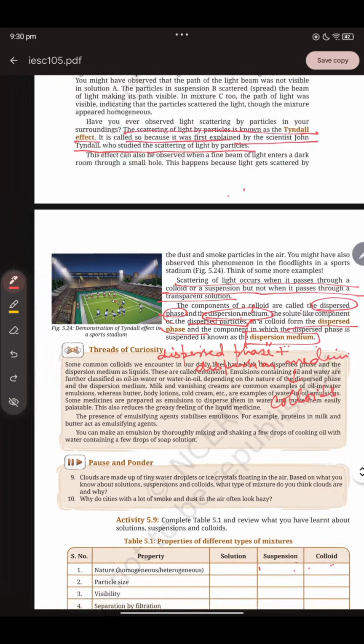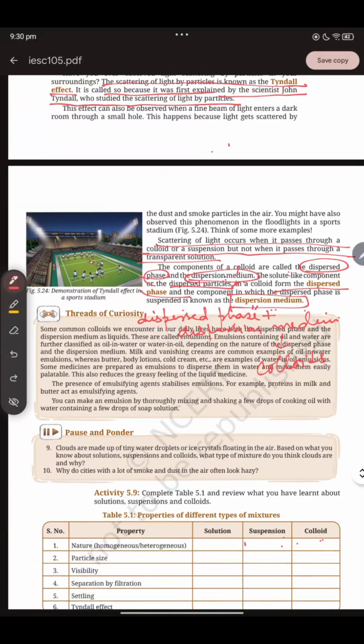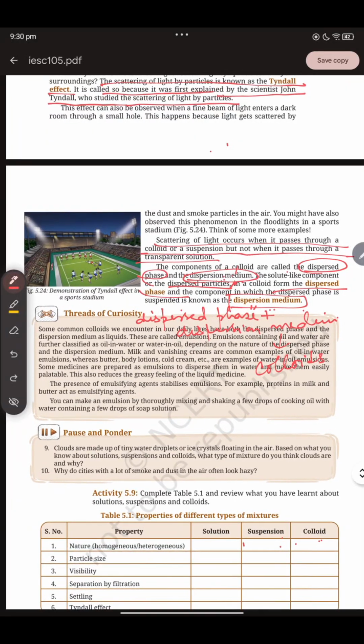Okay, so some common colloids we encounter in our daily lives have both dispersed phase and dispersion medium as liquids. So what are they? These are called emulsions. When both dispersed phase and dispersion medium are liquid, they are called emulsion.